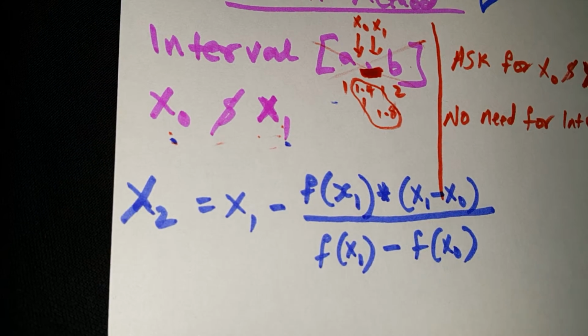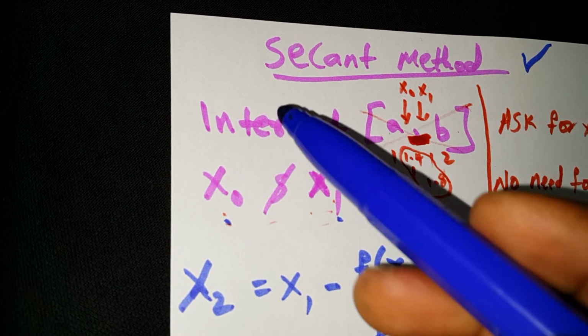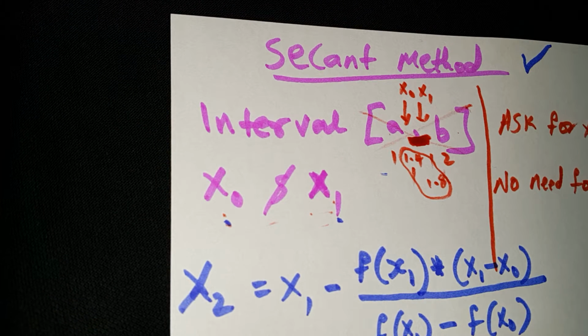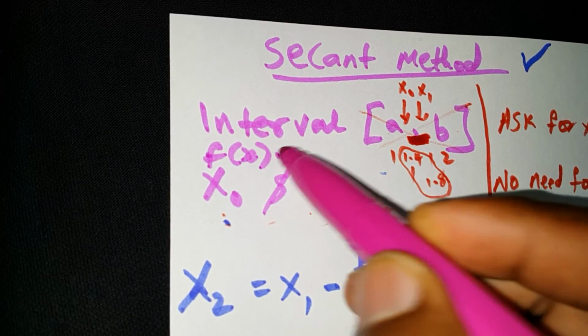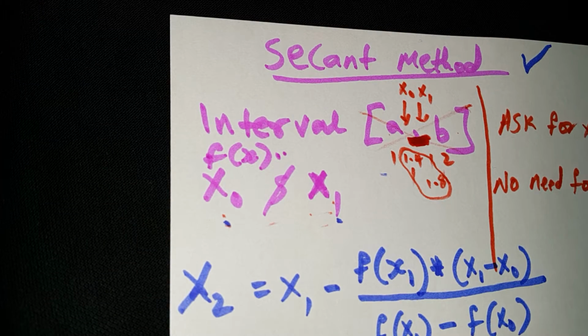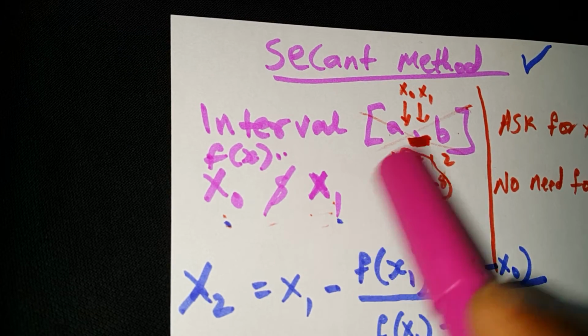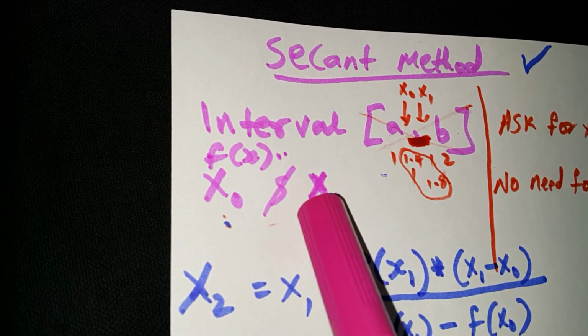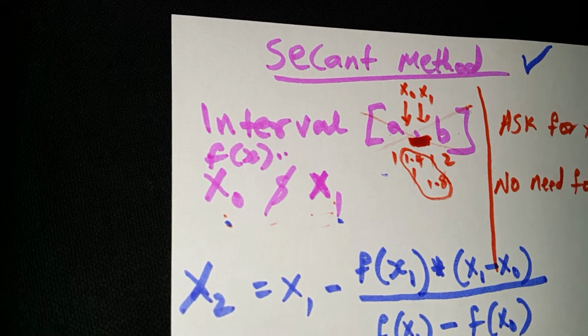We will try to solve one example from the secant method. One more thing is that you will be given the function, of course. This is just how to select x0 and x1: either it will be given to you or you take it from the interval, which will also be given to you.